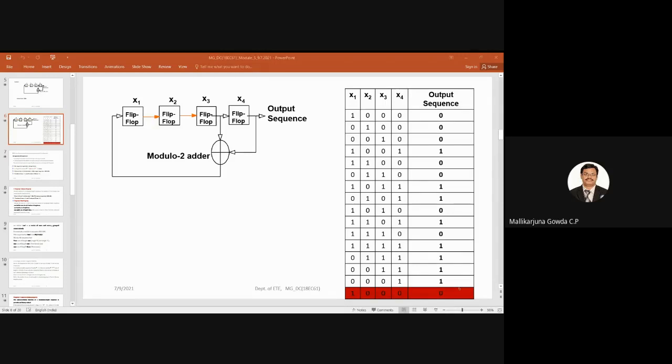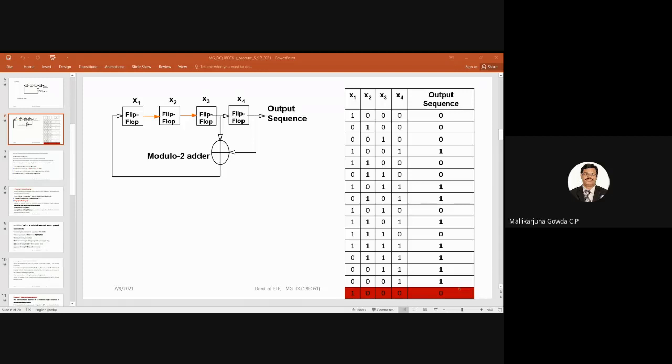Yes, 8 runs are there. So this is one run, then 2, 3, 4, 5, 6, 7, 8 runs.